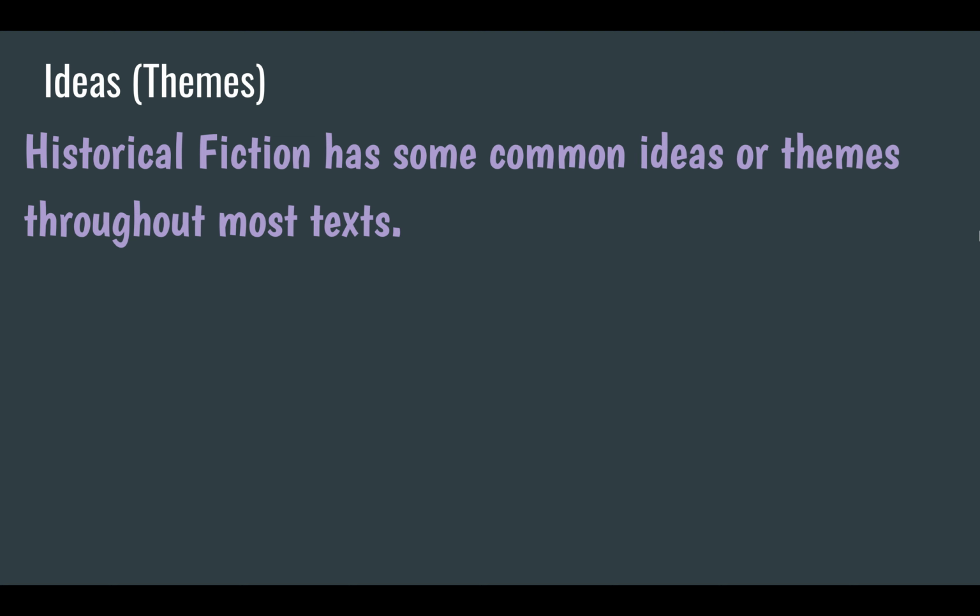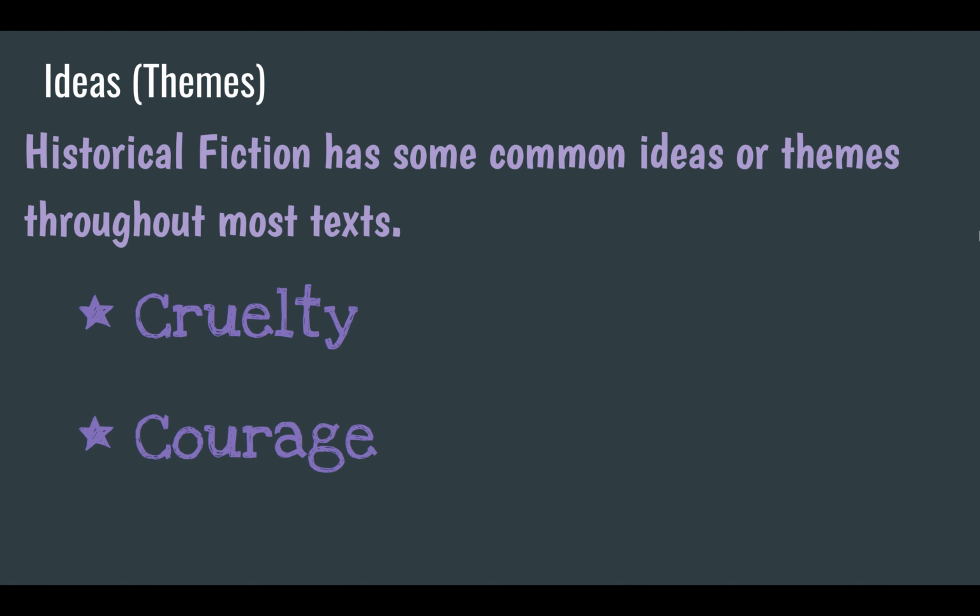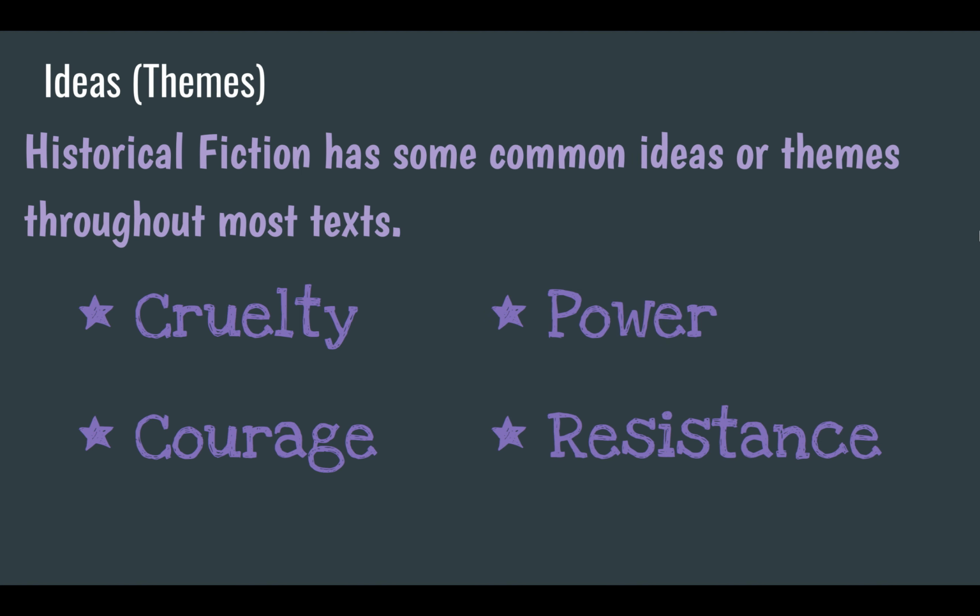So there are some common ideas or themes throughout most historical fiction texts. Those themes or big ideas are cruelty, courage, power, and resistance. Cruelty, that's meanness, hate, things that are not good.